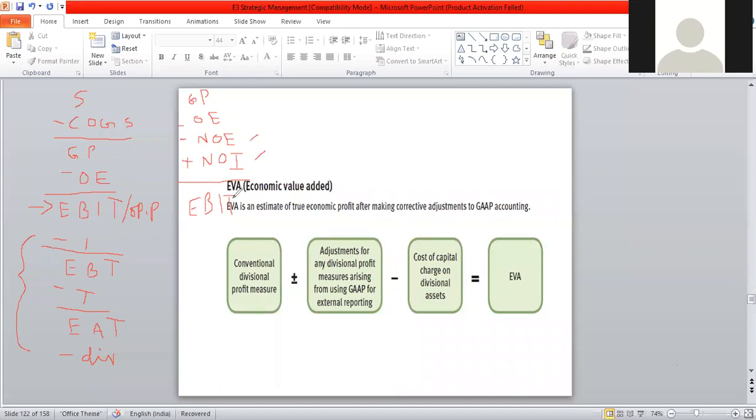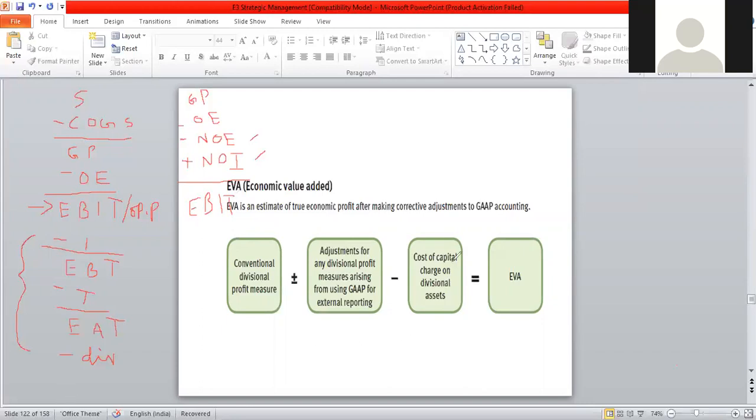So those non-operating expenses, non-operating incomes also should be adjusted because we are considering what is the transaction of the business, what is the main trading activity. So make all adjustments of non-operating expenses and incomes. After making all those adjustments, the profit should also take care of the cost of capital.